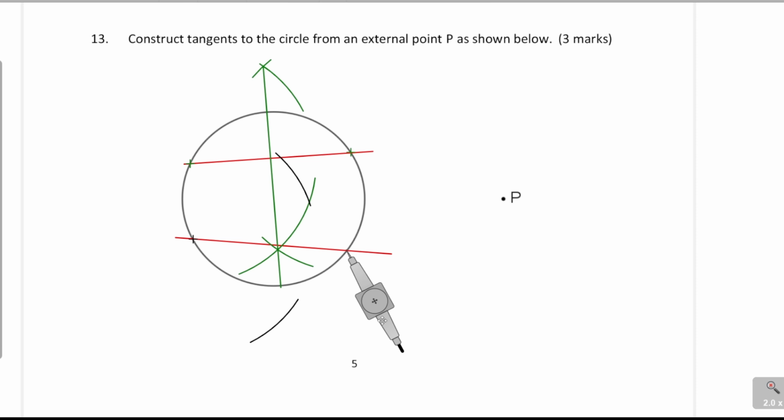Then stand on the other point of the chord, standing on that point. Then cut that arc, and then cut this arc as well. So from there, join the point of intersection of these arcs.